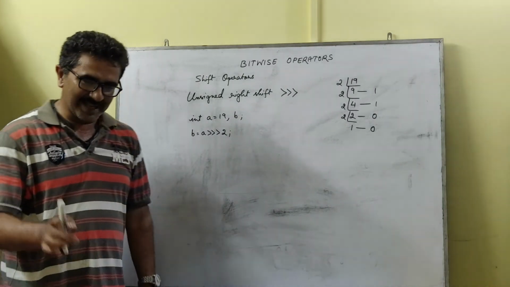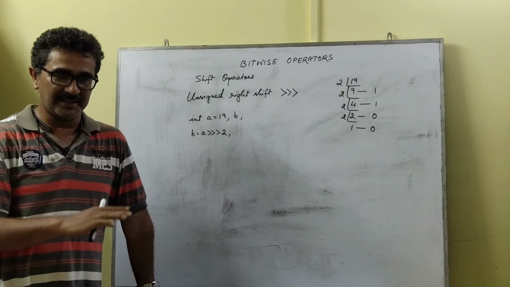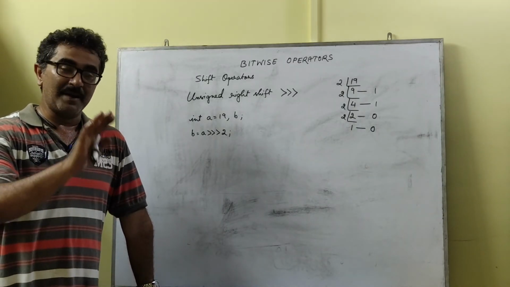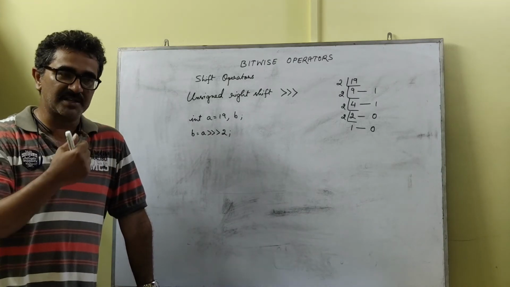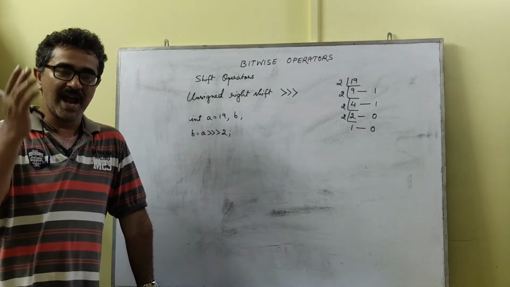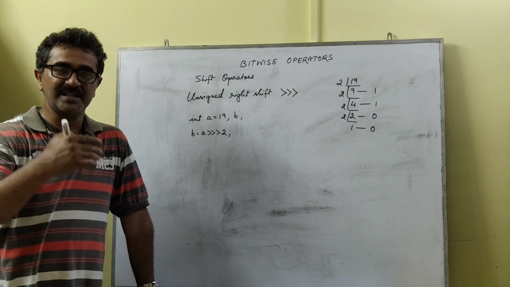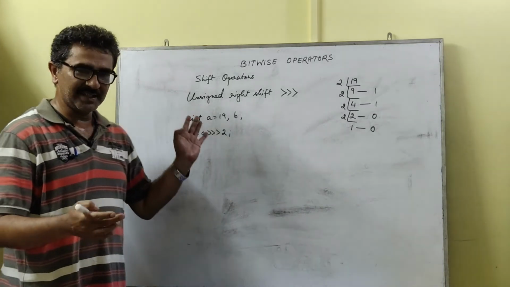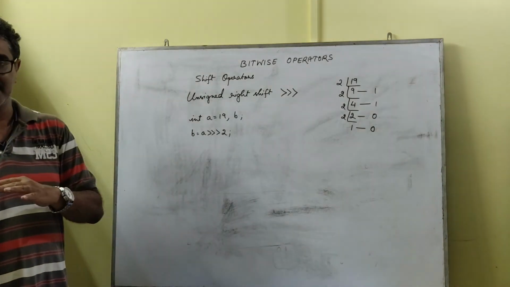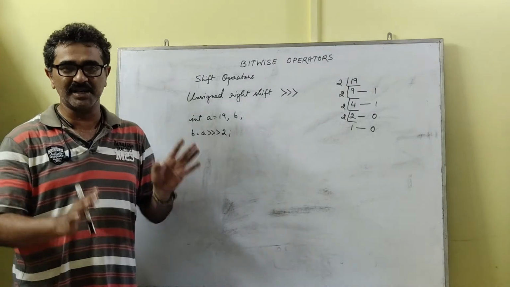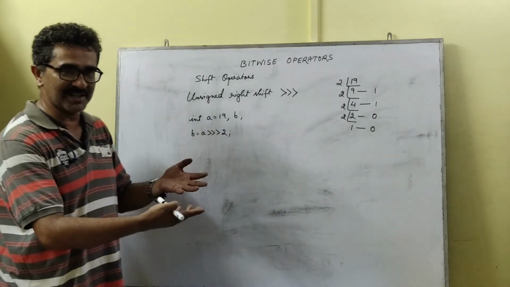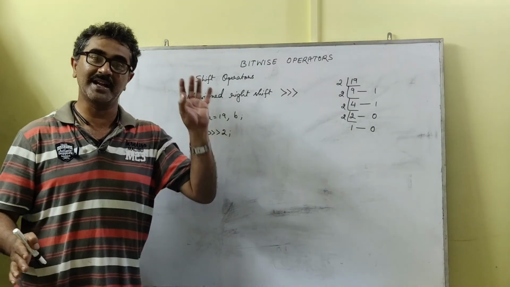Unlike the normal right shift which you had learned earlier, which always maintains the sign of the number, that is, in the vacated spaces, if it is a positive number, it gets filled up with 0, and for negative numbers, it always gets filled up with 1. Here, since it does not maintain the sign, it will always get filled up with 0, irrespective of whether the number is positive or negative. On the vacated spaces, we will always get 0 filled up.